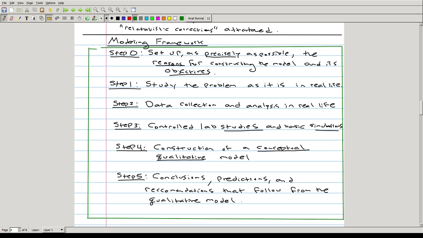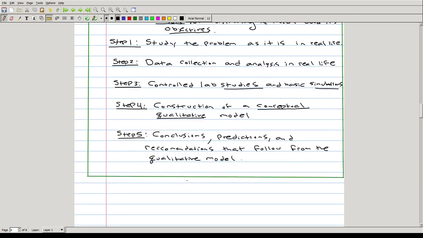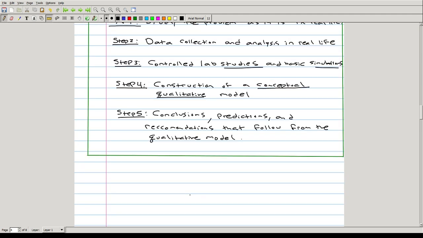I've just made a box around these steps because they all together form the basis for what's called a qualitative model. And these are used very often, and they can be useful.